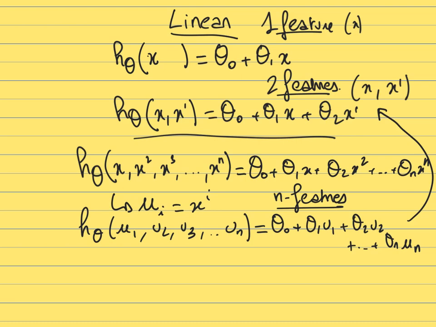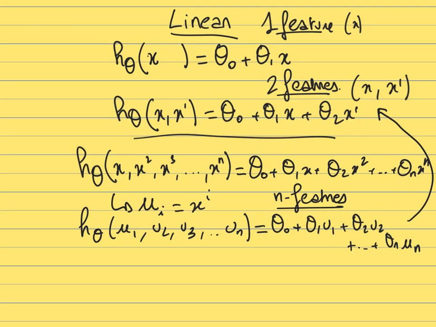But nevertheless, in the context of linear regression, you can still treat them as n distinct features that you can rewrite as u1, u2, etc. So those are n features, and in this case you can just apply exactly the same algorithm.